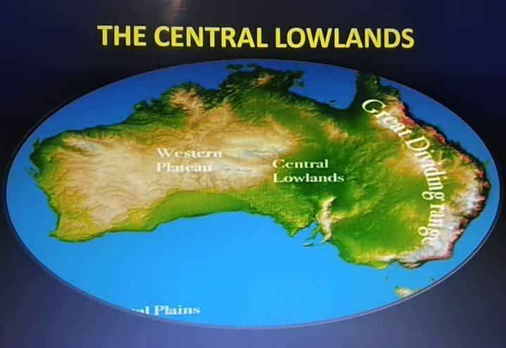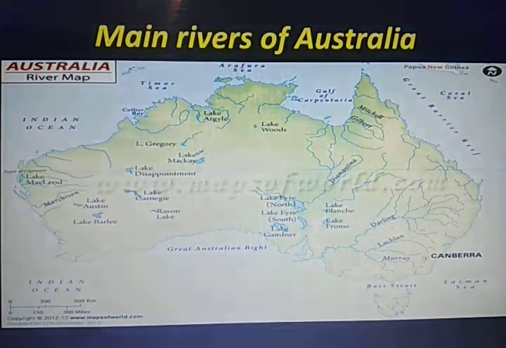It extends from the Gulf of Carpentaria to the southern coast of the continent. Here is the Gulf of Carpentaria, and the southern coast is in this part only, right? This entire part from here to here is the Central Lowland.